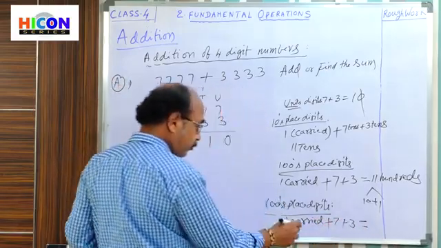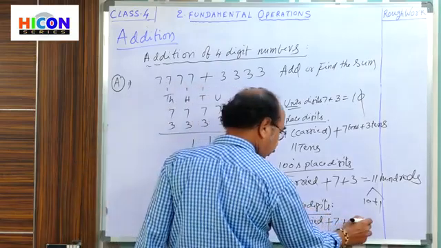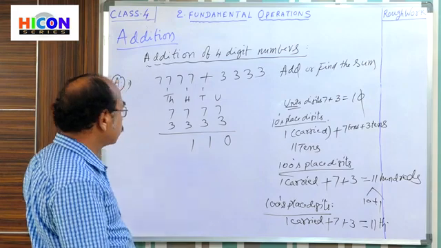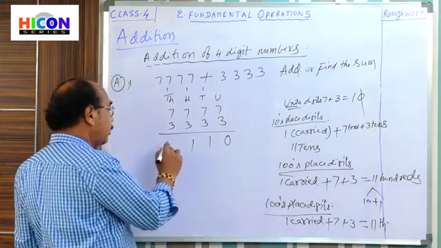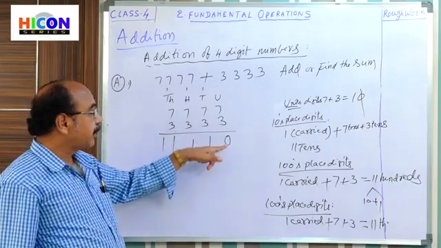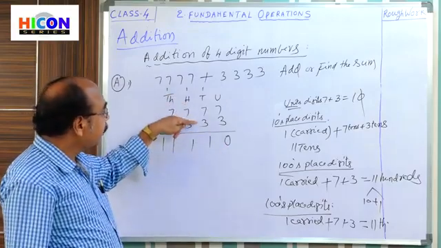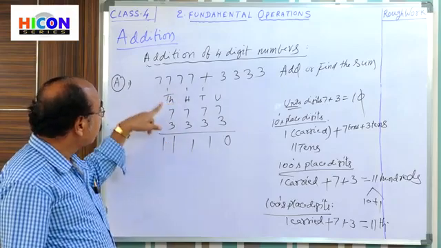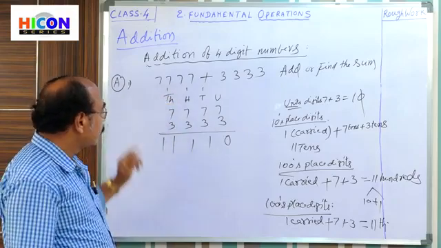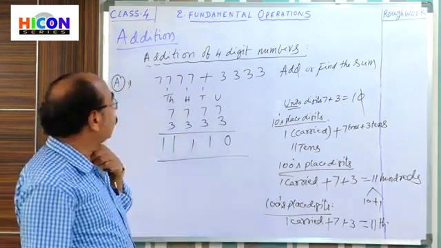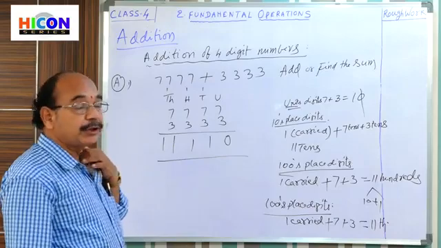Total how much? 11,000. So here we write 11. Once you check: 7 plus 3, 10, 0, 1 is there here, 7 plus 3, 10 plus 1, 11. So this is the addition of 4-digit numbers.